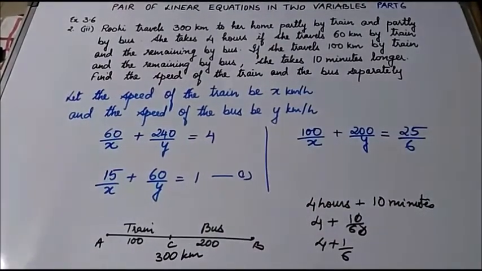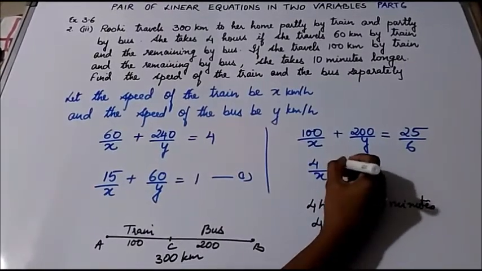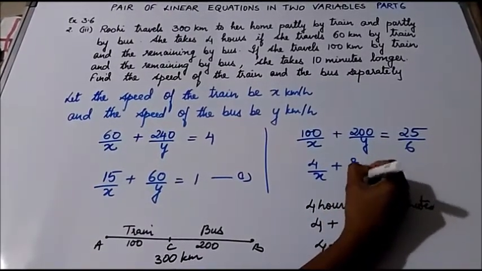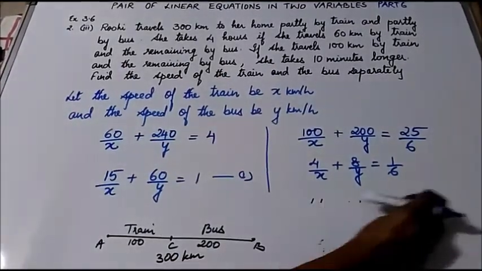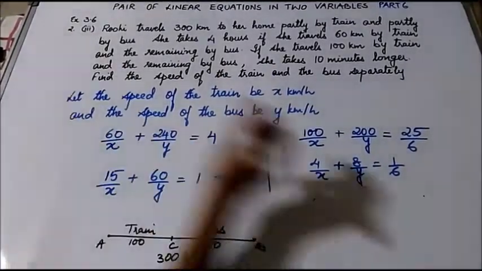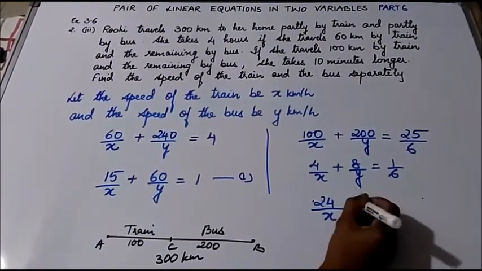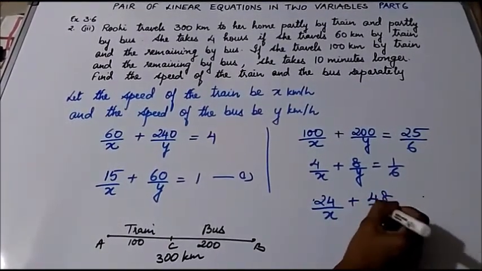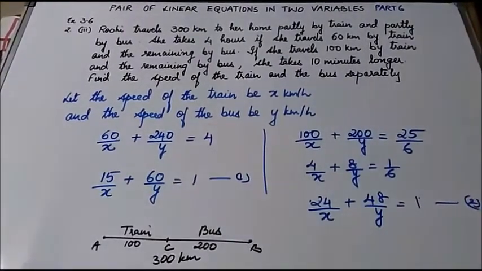Now here you can see 25 is common. Here we will get 4 by x plus 8 by y is equal to 1 by 6. Now we will cross multiply. 6 multiplied by 4 will give us 24 by x plus 48 by y is equal to 1. This is your second equation.